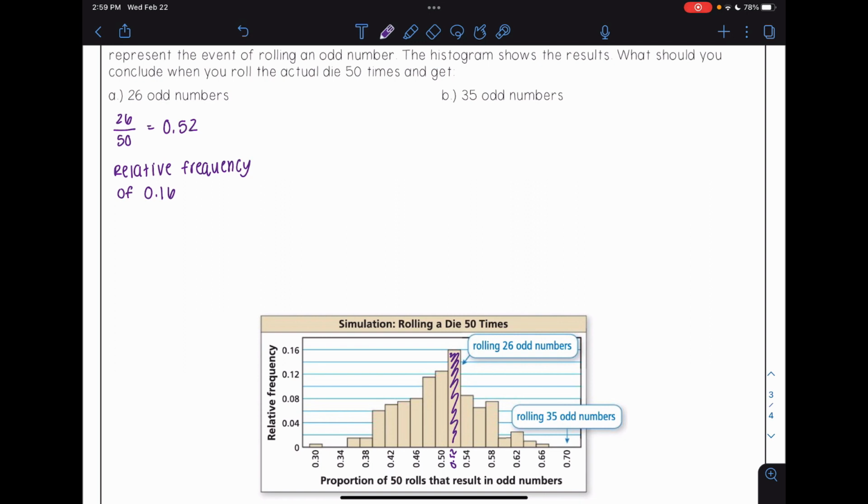And in fact, most of the results are close to 0.5. I see in this histogram that the bars are higher around 0.5. And so we see that the result can easily occur by chance. So that means that we can conclude the maker's claim is most likely true.